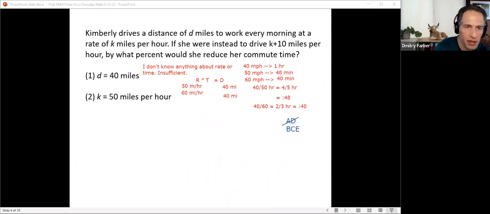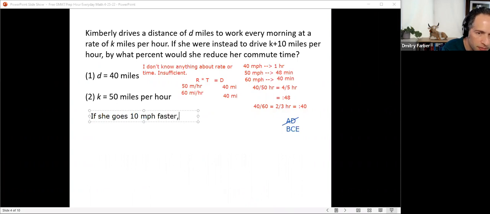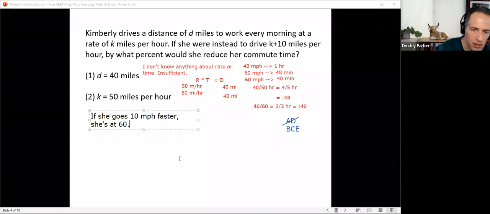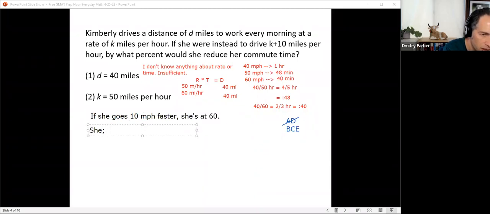So I could basically say, okay, if she goes 10 miles per hour faster, she's at 60, right? Okay. So could you agree that she is going 6/5 as fast as before?